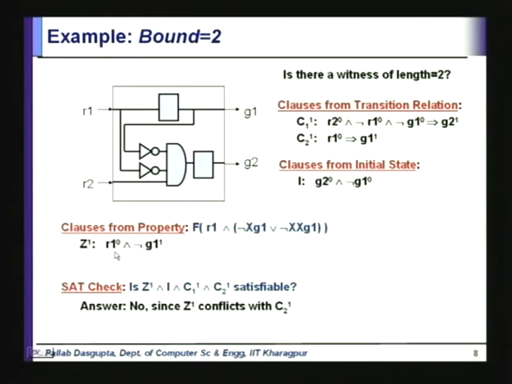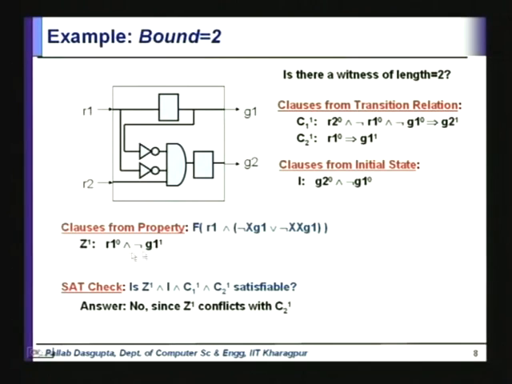Now, we pass all this to a SAT solver. Now, see, each of these clauses is a Boolean clause. There is no temporal operator involved in any of these. They are Boolean clauses over a set of Boolean variables.